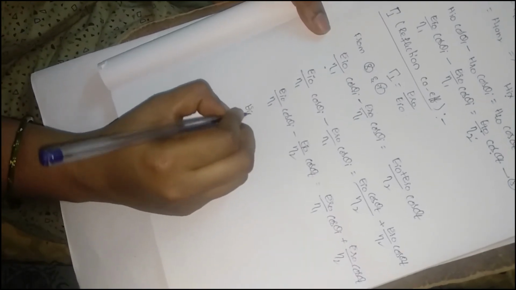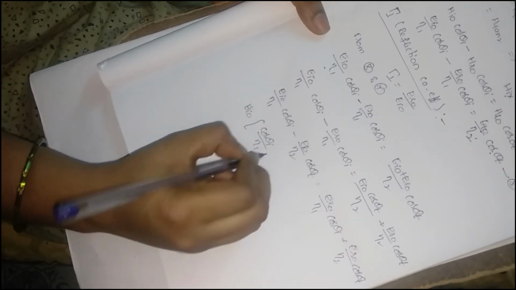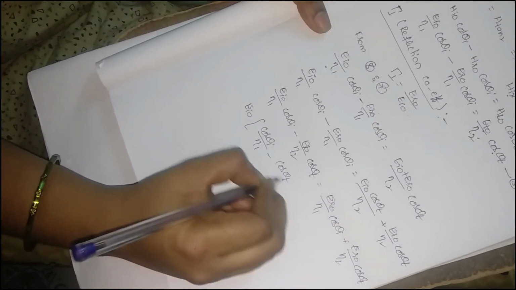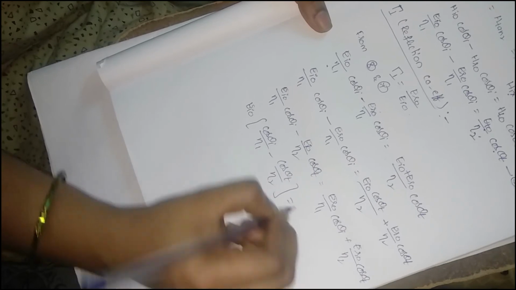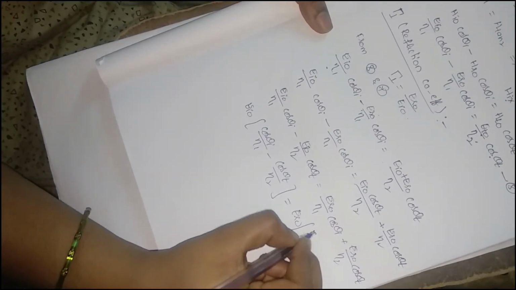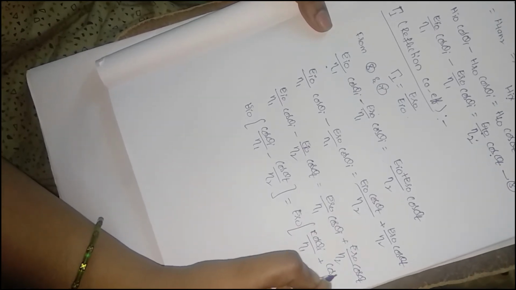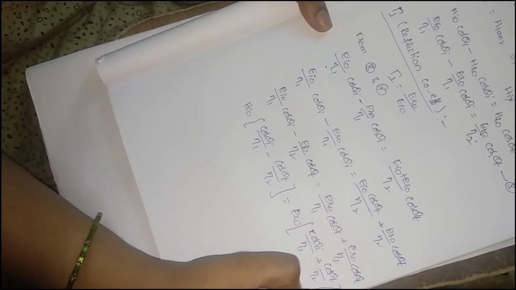Take EI naught as common, you will get cos theta I divided by eta 1 minus cos theta t divided by eta 2. Take ER naught as common, you will get cos theta I divided by eta 1 plus cos theta t divided by eta 2.